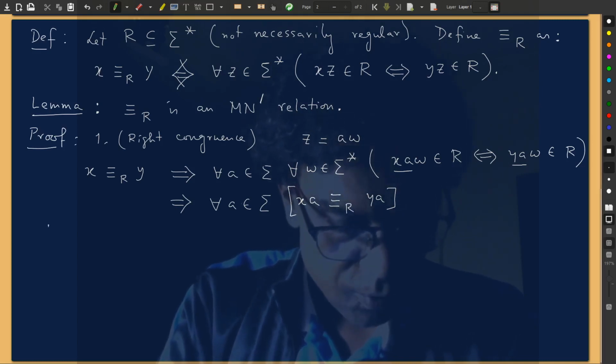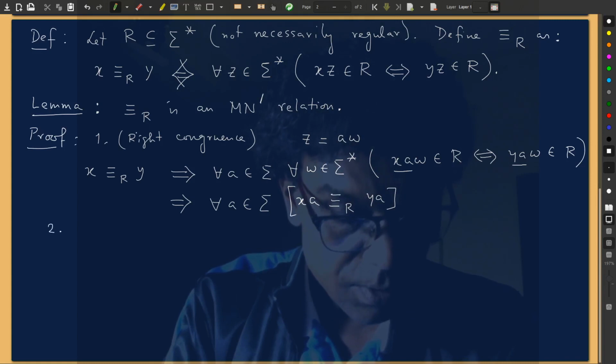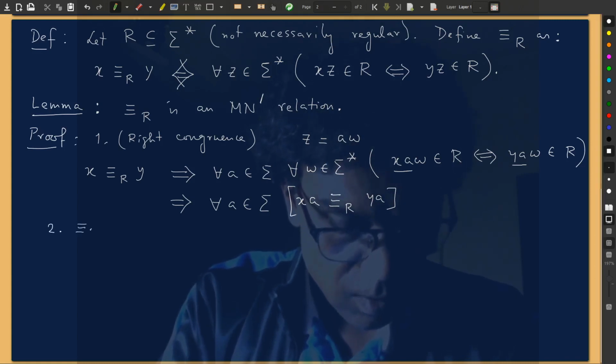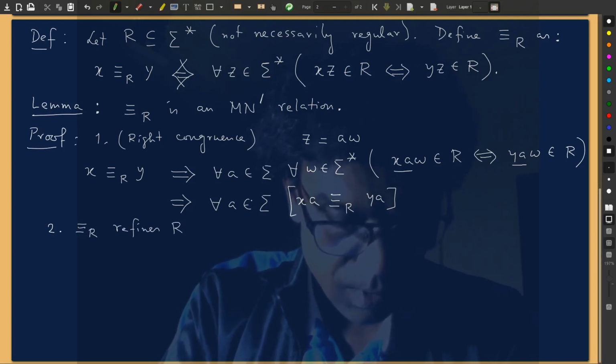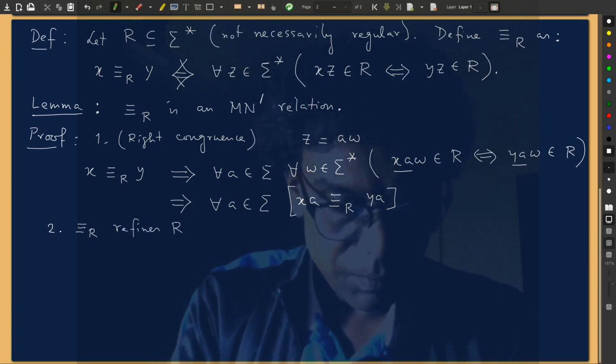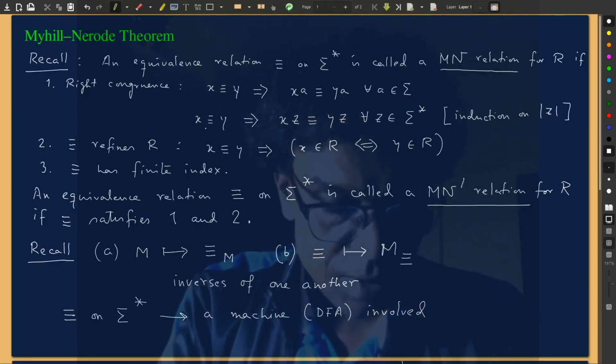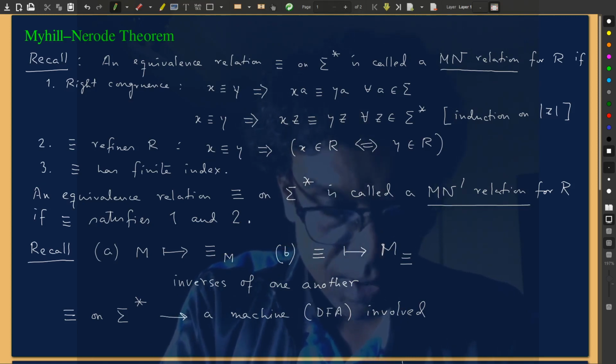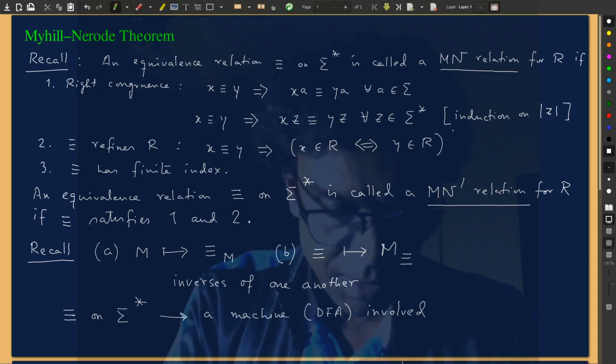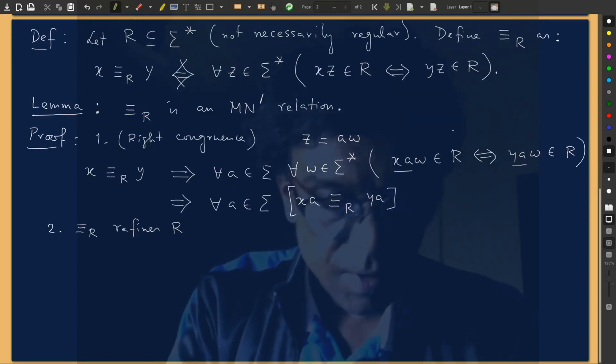Also I have to show that this refines R. Why? What is the definition of refinement? Two strings are equivalent implies x is in R if and only if y is in R. So this is the definition.